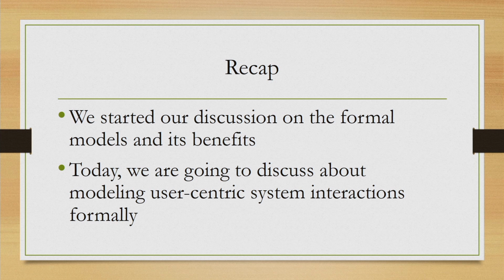So, before we start today's lecture, first let me briefly recollect what we have learned in the previous lecture. In the previous lecture, we started our discussion on formal models, particularly in the context of user centric systems. There we got introduced to some basic ideas, that is, what is formalism and what is a formal model, and how it is different in the context of user centric system.